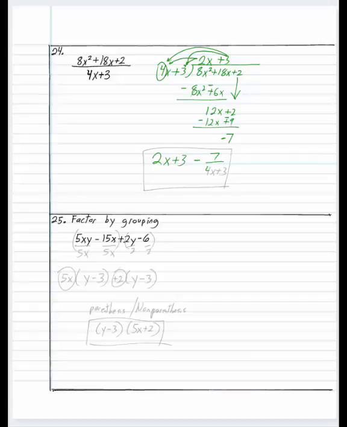And when we do, we're left with y minus 3. Notice that the parentheses are actually the same. So to display your answer, I would write the parentheses and the non-parentheses. The parentheses answer is y minus 3. And the non-parentheses answer is 5x plus 2.